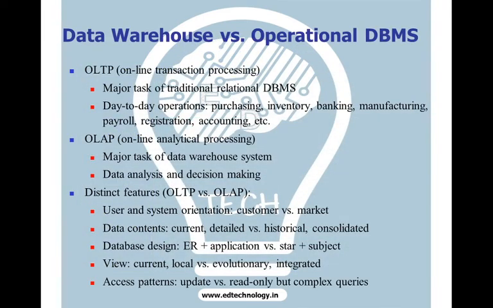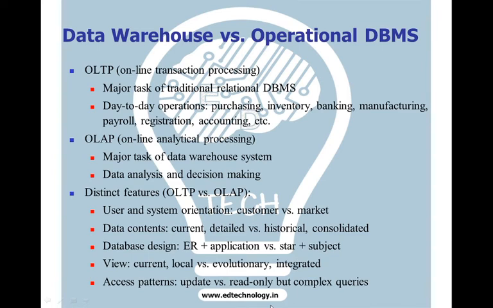This is a quick understanding of what we do in terms of OLTP. Again, a quick revision. With OLTP, the major task is the relational database. It's the day-to-day operation of purchasing, basic inventory, banking, payroll, etc. When we talk about OLAP, the major task is the warehouse, the storage, the consolidation, and it is used for analysis and decision support. The differences are in terms of users and system orientation, customer versus market, and then the data contents. In OLTP we have current and detailed data, whereas in OLAP we have historical and consolidated data.